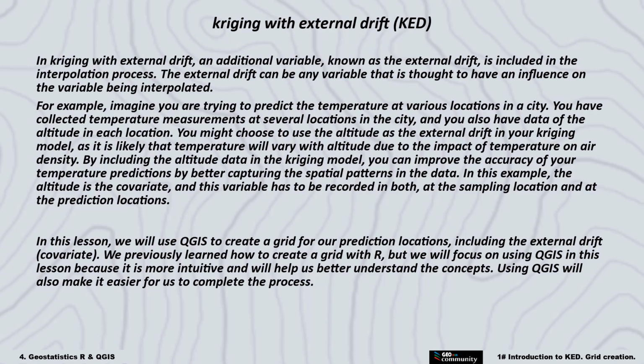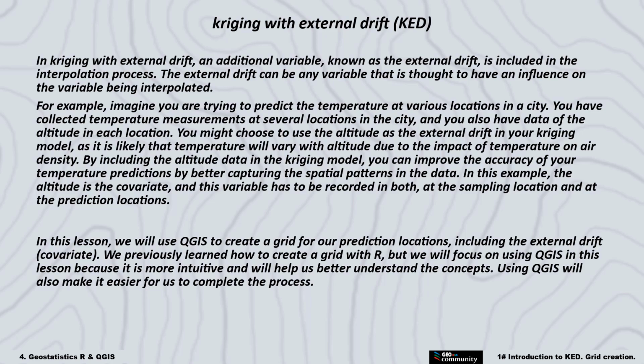To create a proper grid for kriging with external drift is not something easy. There are a lot of things involved. For example, the shape of the grid, the dimensions of the pixel, the variables that we want to add for each of these pixels. And we can do this process with QGIS, and we are going to visualize everything, right?